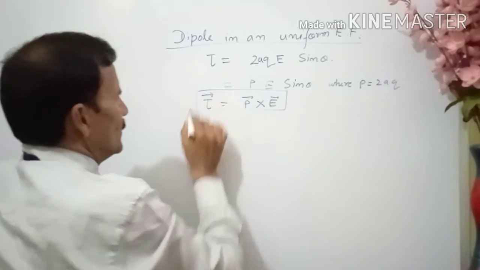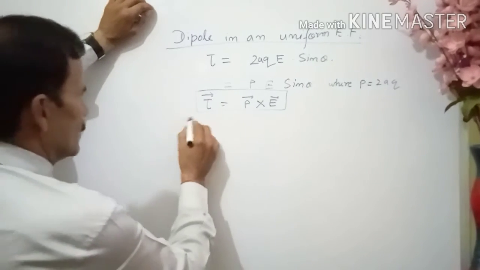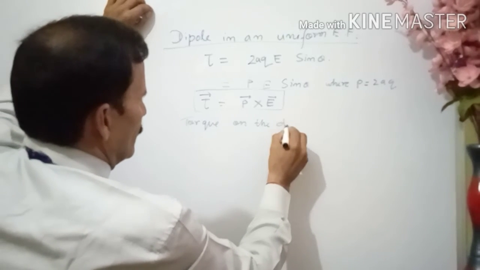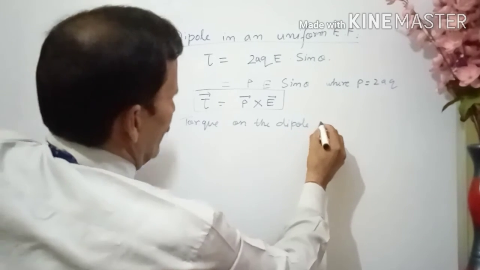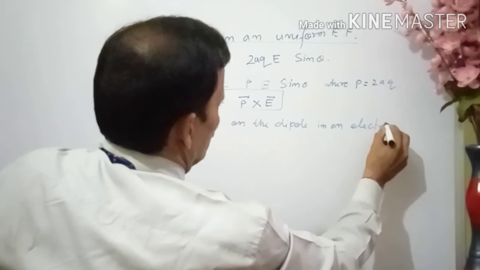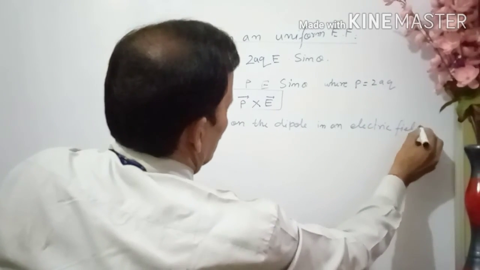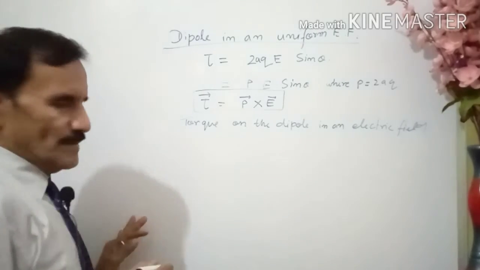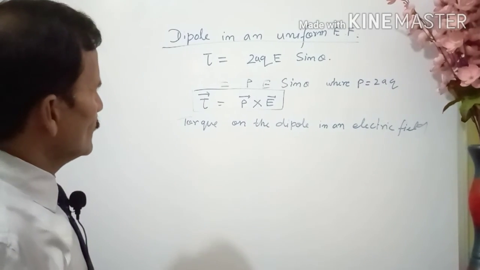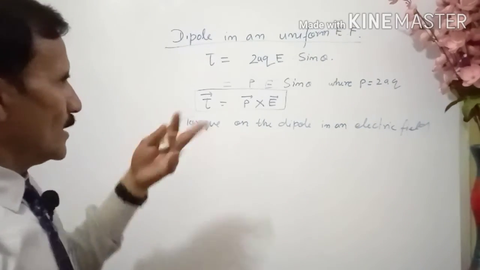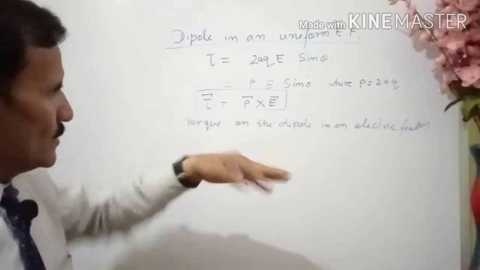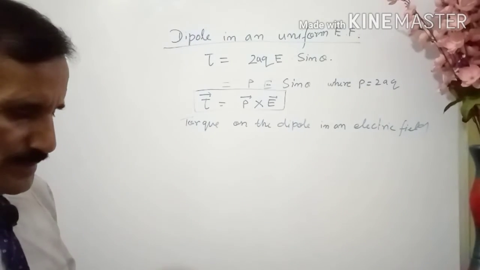So the torque on the dipole in an electric field is the cross product of p and E. So it is the torque. It is a vector quantity, no doubt, and it is given by p cross E.